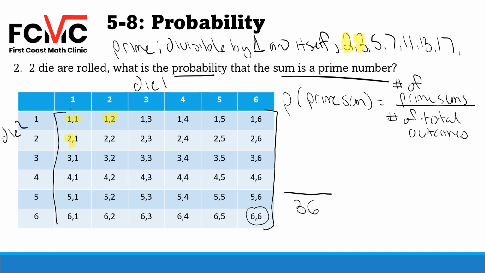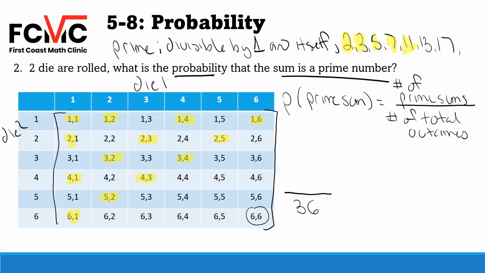Nothing else is going to add up to 3. Let's do 5. We could do 1 and 4, 2 and 3, 3 and 2, and 4 and 1. We kind of notice a little pattern here. Let's try 7. So 1 and 6, 2 and 5, 3 and 4, 4 and 3, 5 and 2, and 6 and 1.